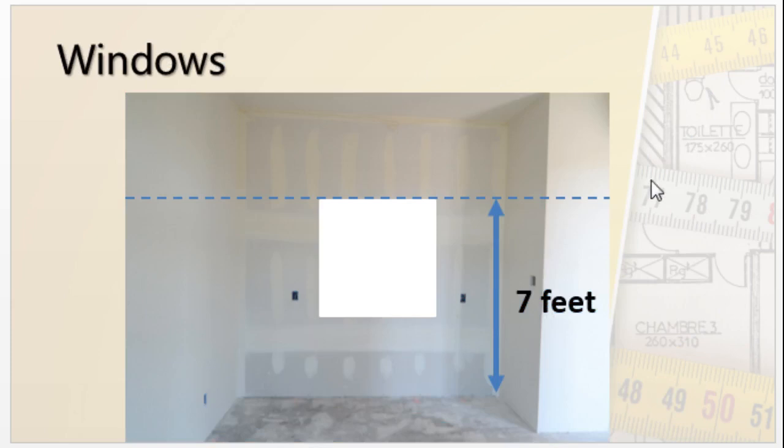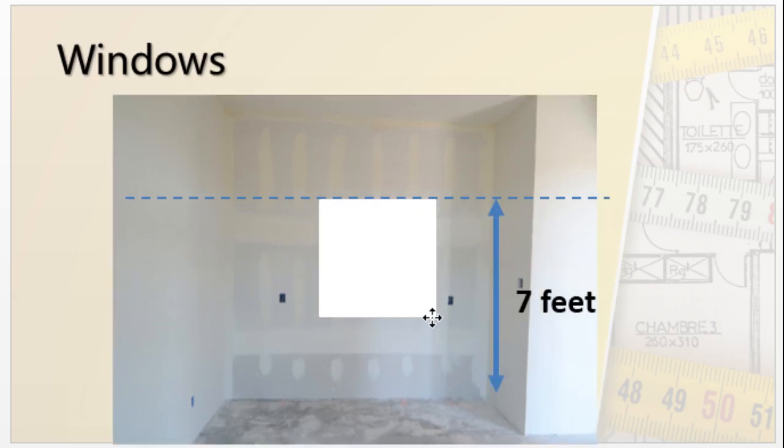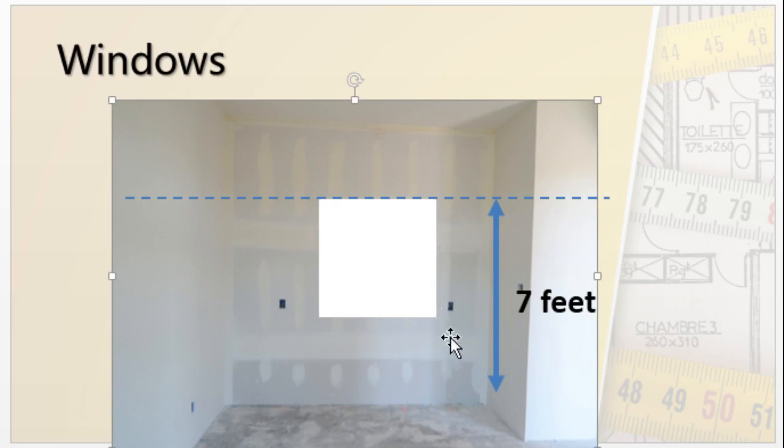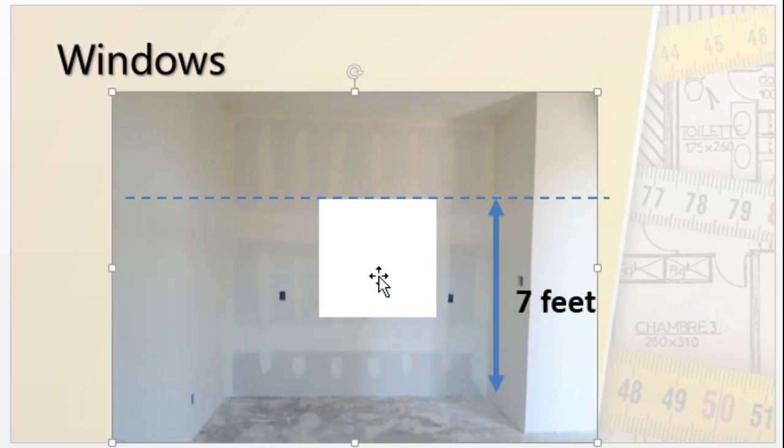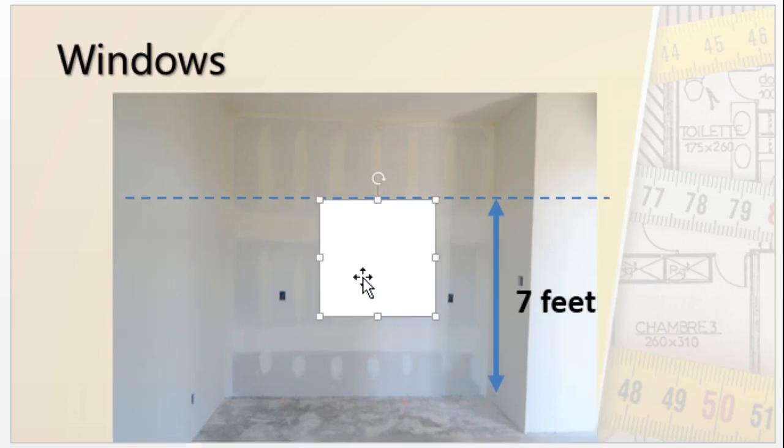So if we give an example of a window, this is a typical window. The window will always start from the bottom of the story, 7 feet height above. Based on the dimension, the width and window height will vary.